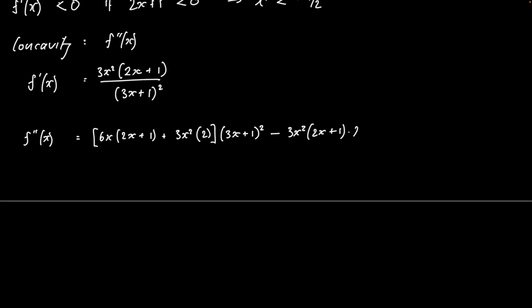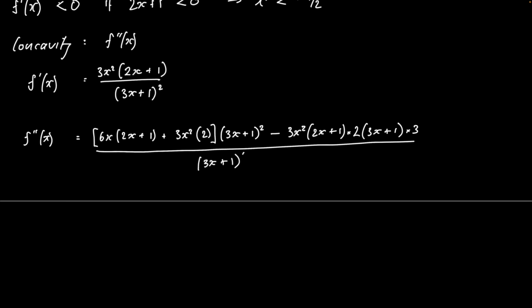Now that itself is going to be a chain rule, so it's going to be 2 times 3x plus 1, then times 3, which is the derivative of the inside. And all that gets divided by 3x plus 1 to the 4.